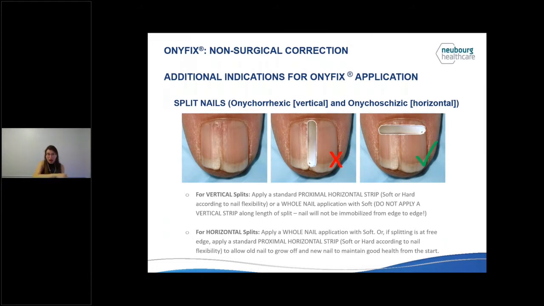You want to actually just apply a classic strip at the proximal end, a horizontal strip, to really act almost like a little nail cast. And so that you can let that grow off.